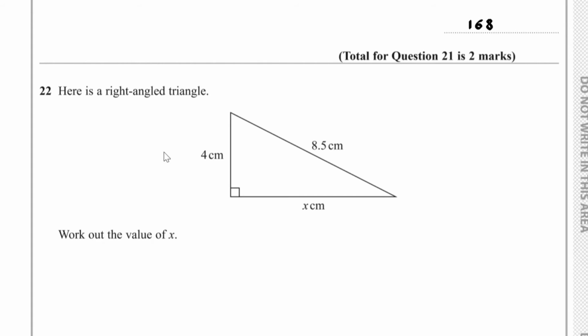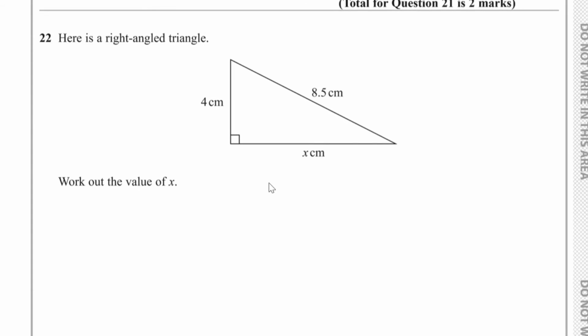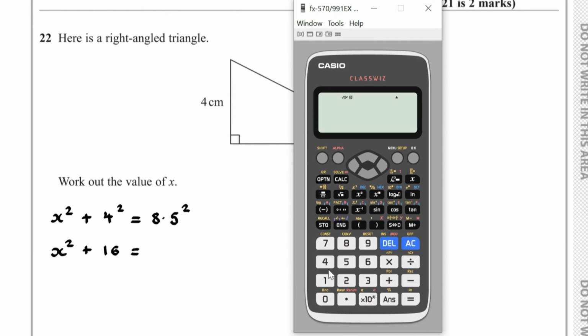Question number 22. Here is a right angled triangle, and what we have to do is work out the value of x. Well, if we use Pythagoras, we have x squared plus 4 squared equals 8.5 squared. x squared plus 16 is equal to, well here, if I work out what 8.5 squared is, that's 72.25.